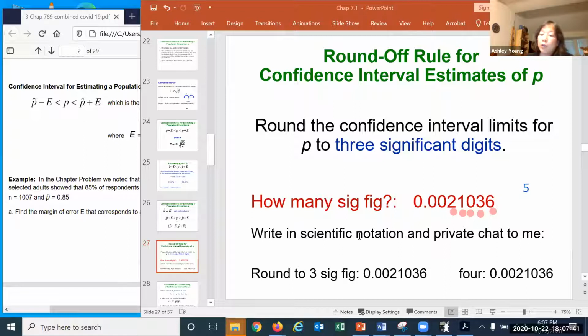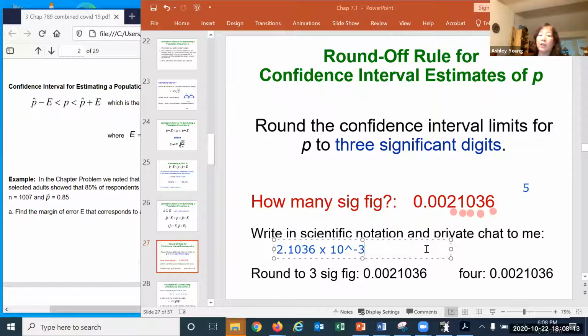So how would you write this in scientific notation? That's the thing. The easiest way of doing this is writing this in scientific notation. So if I were to do this in scientific notation, you go to the first number. You have one number in front of the decimal place, so it would look like this: 2.1036 times 10 to the, let's see, 1, 2, 3, negative 3.